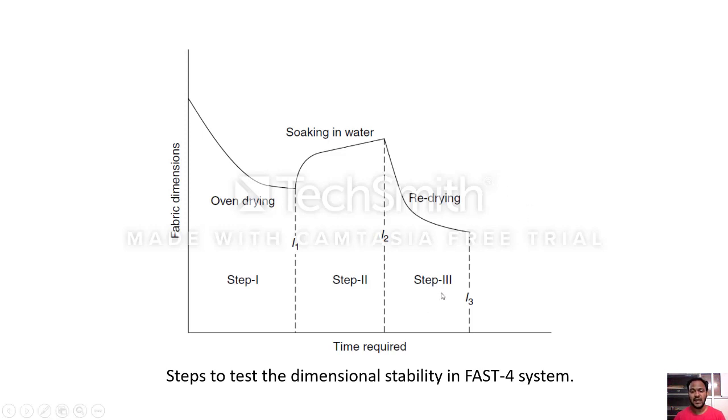Third step, which is the L3, where after you soak the fabric in water and after you have taken the dimension, you then finally do the complete drying similar to the oven drying which you have performed in L1, and then you record the L3. So this is a graph actually which depicts the steps to test the dimensional stability in the FAST 4 system.